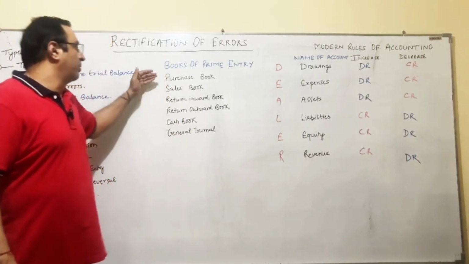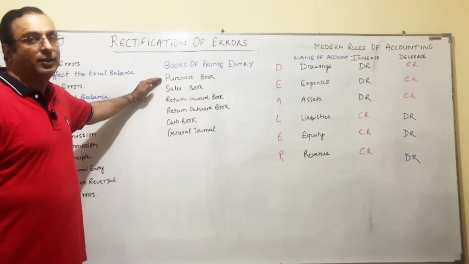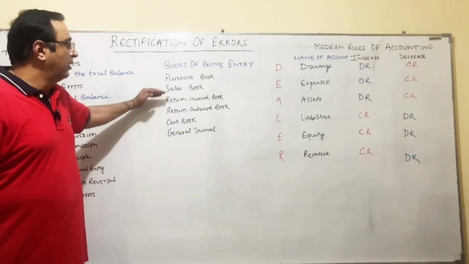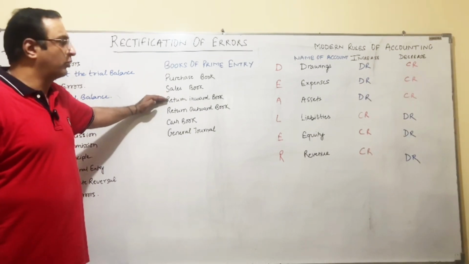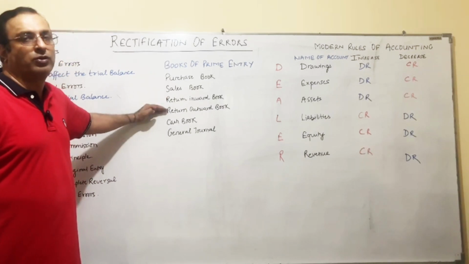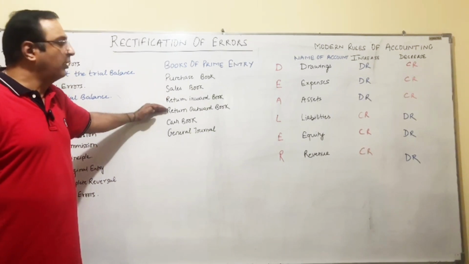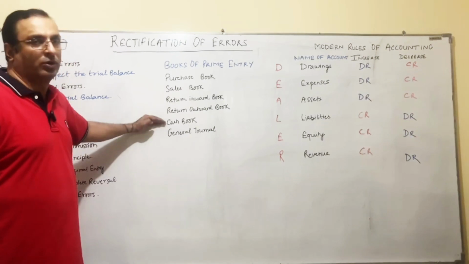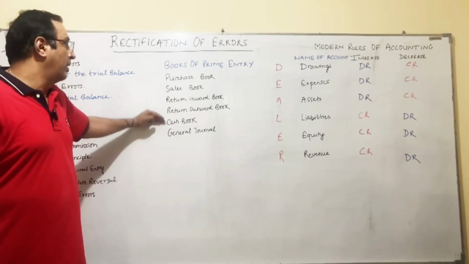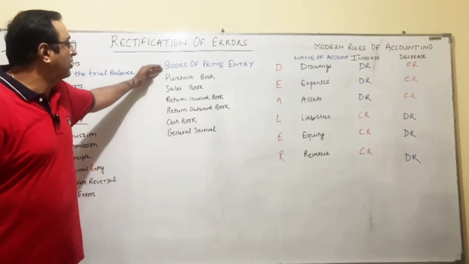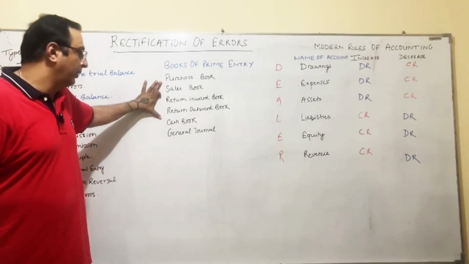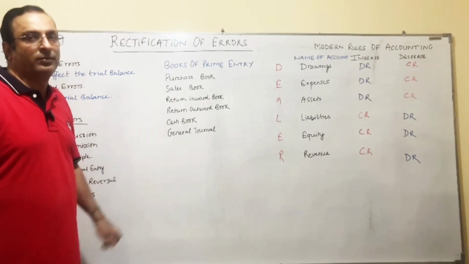These are purchase book, which record all the credit purchases; sales book, which record all the credit sales; return inwards book, which records all the return inwards, means sales returns; return outward books, which record all the purchase returns; cash book, all the cash transactions are recorded in the cash book, and the transactions which cannot be recorded in these books are recorded altogether in the general journal.